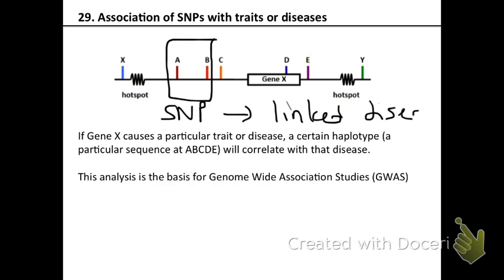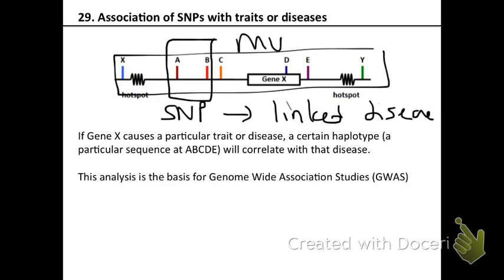But it's not telling you what mutation or what sequence in this whole region is linked to the disease or causal to the disease. It's just telling me that something around the region of these SNPs is linked to the disease. Does that clarify? Very good question. I'm glad you asked. Any other questions about this?